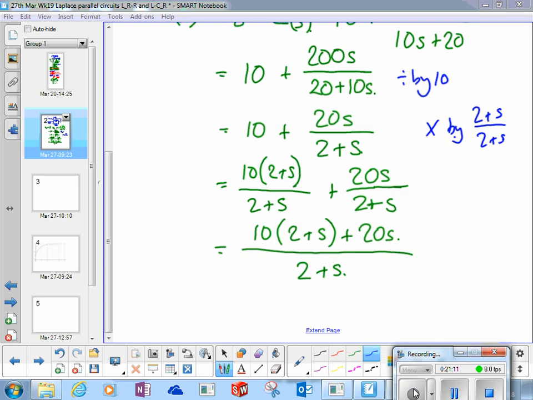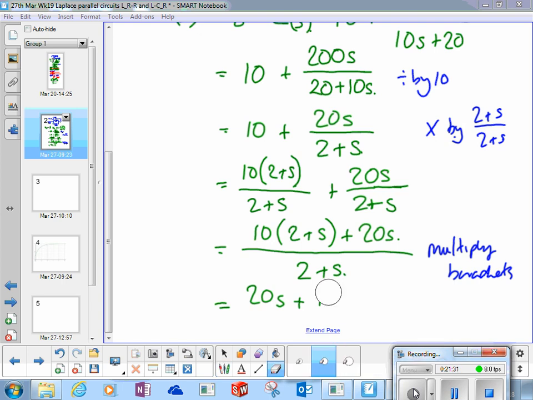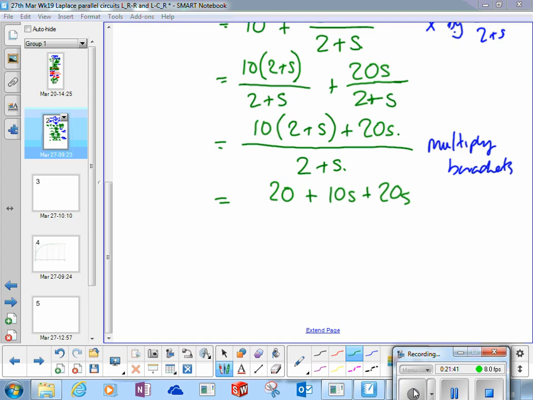Got the common denominator. Multiply brackets. So that top line becomes 10 times 2 is 20, plus 10s, plus 20s, all over 2 plus s.